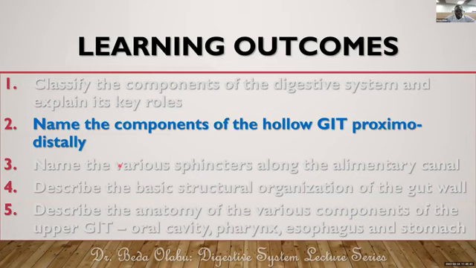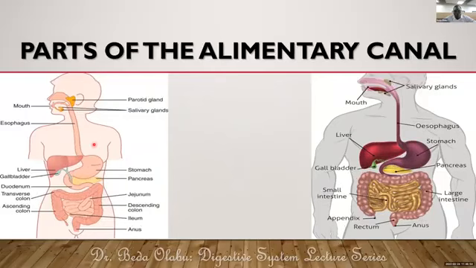Now let's look at the second agenda, which is to talk about the components of the hollow GIT in an orderly manner, proximodistally. We are just going to follow the path that is followed by food. So basically, we are looking at the parts of the alimentary canal. Now, take it easy. Food enters your mouth.